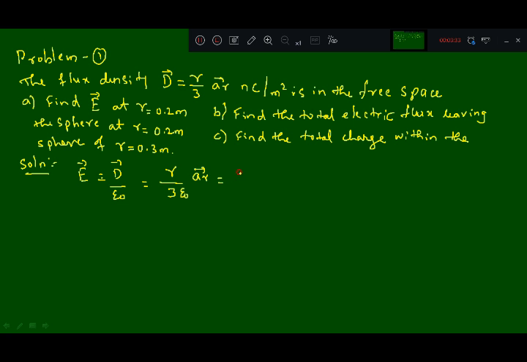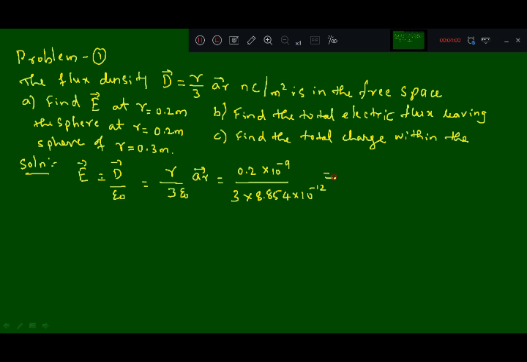So what is r? r is 0.2, into nanocoulomb, 10 raised to minus 9, divided by 3 into epsilon naught, whose value is 8.854 into 10 raised to minus 12.